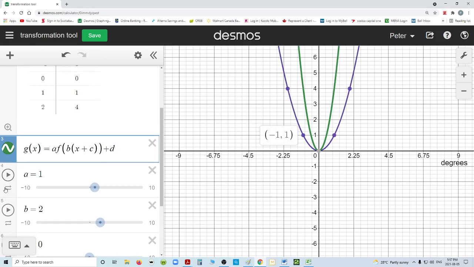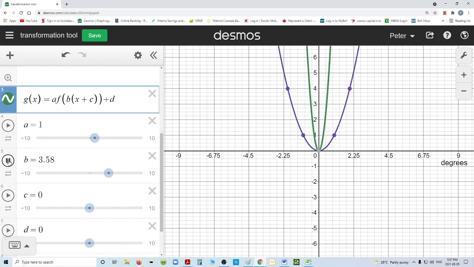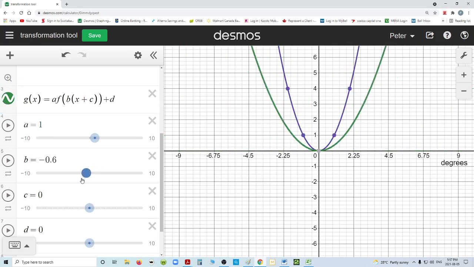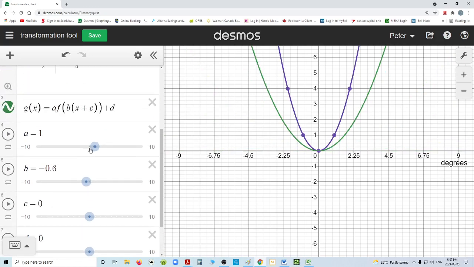And I'm just going to hit play on the b value. And what happens when the b is going to get negative? Flips. Oh wait, no, it doesn't flip upside down. It flips, it crosses the y-axis. Why can't we see that? Well, because with a negative reflection, when something's perfectly symmetrical around the y-axis, you actually can't see it unless it's also moved a bit to the left or the right.